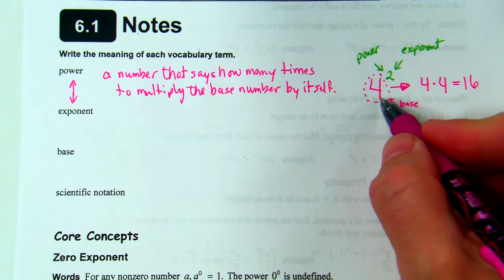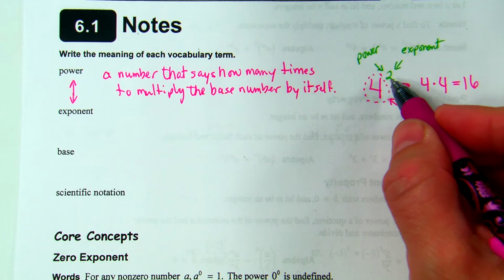Again, how many times am I going to multiply 4 by itself? I'm going to multiply it 2 times.